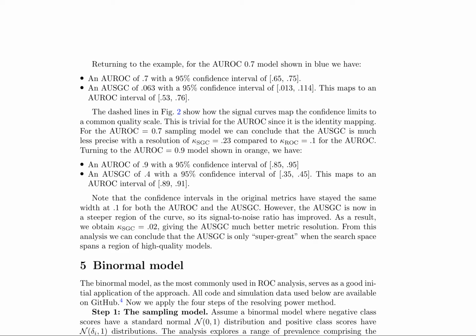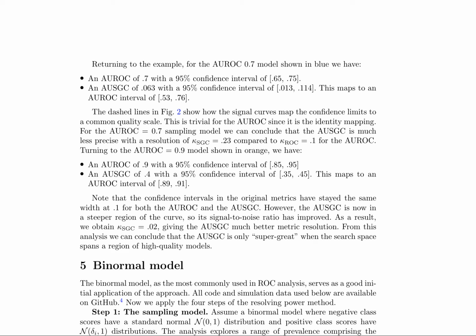The analysis continues with the AUROC 0.7 model, where the AUROC is 0.7 with a 95% confidence interval of 0.65, 0.75. The AUSGC is 0.063 with a 95% confidence interval of 0.013, 0.114.